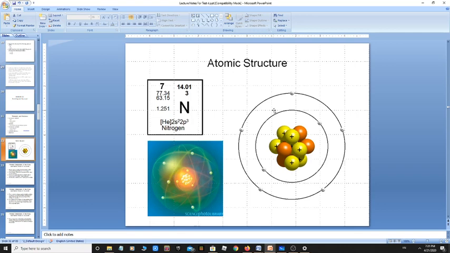For instance, regarding these orbits, we have learned there's a certain pattern: only a certain number of electrons can be located on these orbits, starting from the inner layers and going outer and outer.